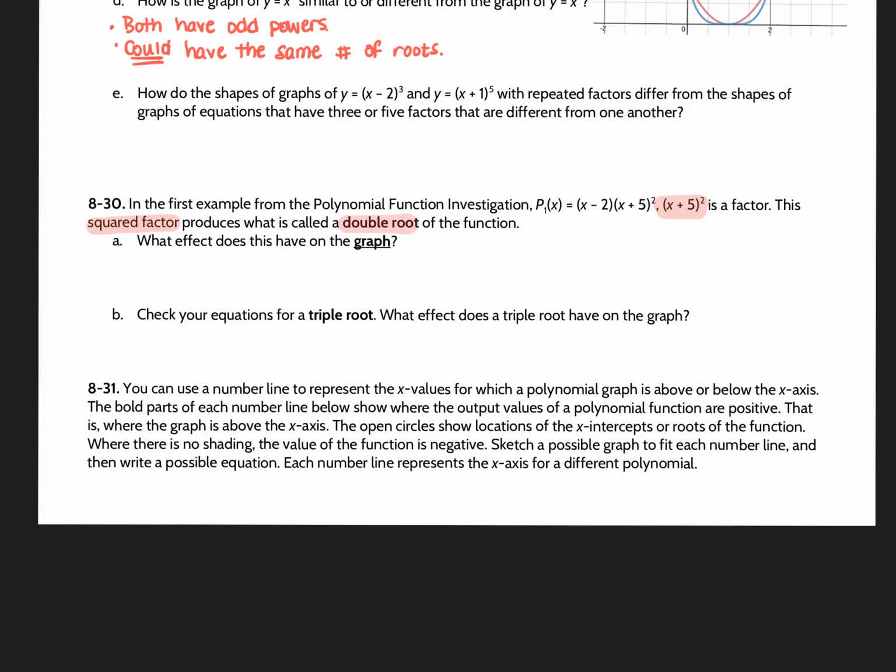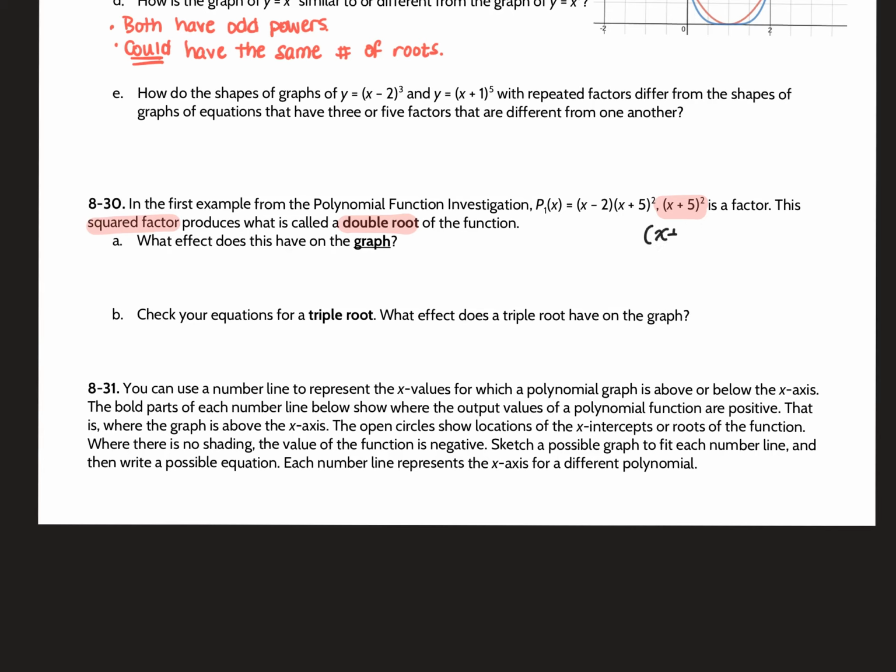In other words, if I were to solve x plus 5 squared as a factor to figure out what my roots are, I would have to set it equal to 0. I know it seems weird, but I'm going to get x minus 5, but it's going to show up twice because I could solve it this way, or I could solve it like this.